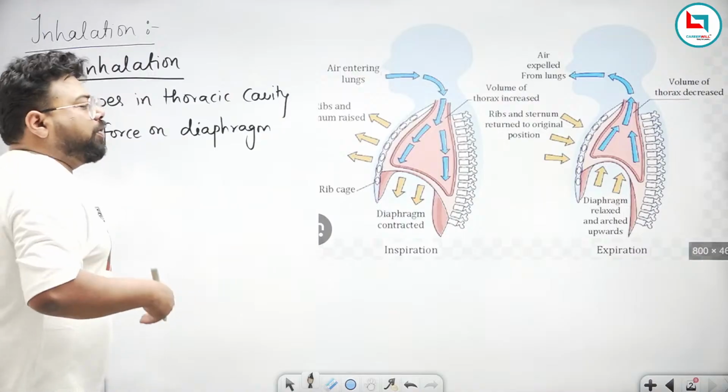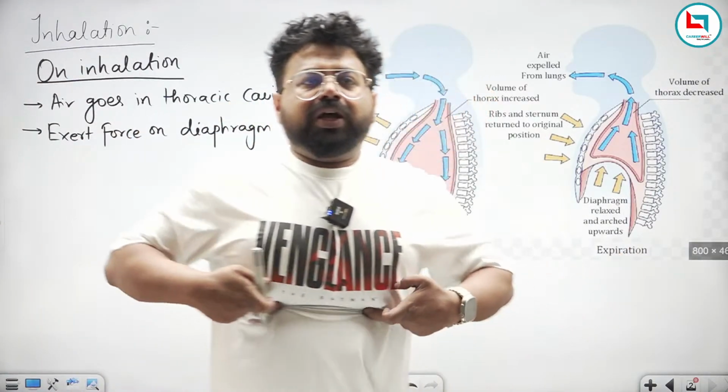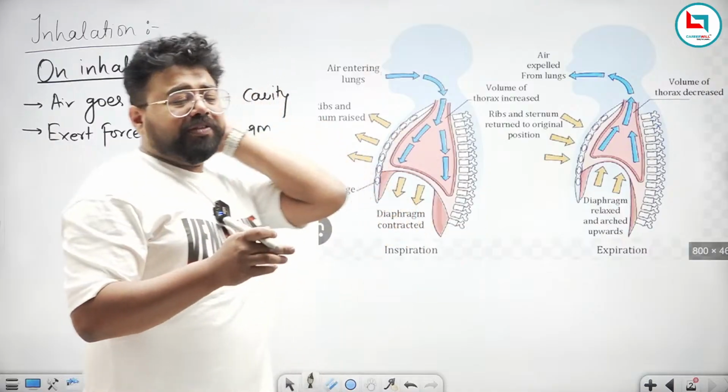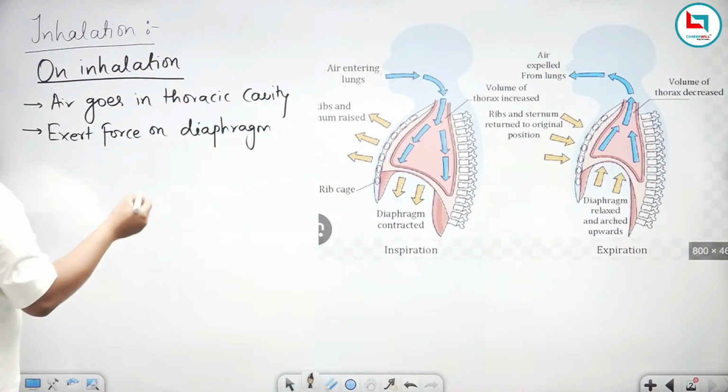So just above the abdomen, we have a dome shaped structure, and this dome shaped structure is known as the diaphragm. It is a muscular flap-like structure known as the diaphragm.